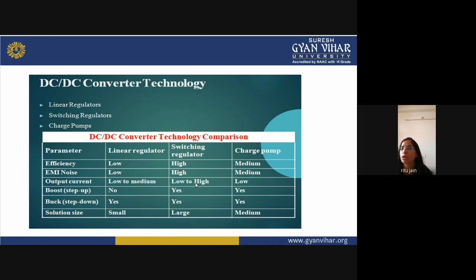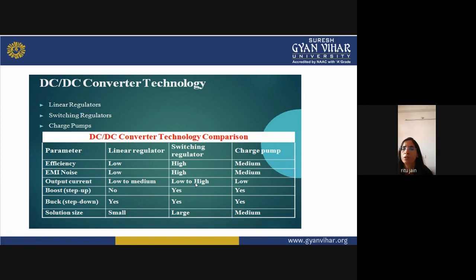For boost step up, linear regulator is not applied, and switching regulator can be applied in boost conversion or step up conversion. Charge pump can also be used for boost conversion or to step up the voltage.